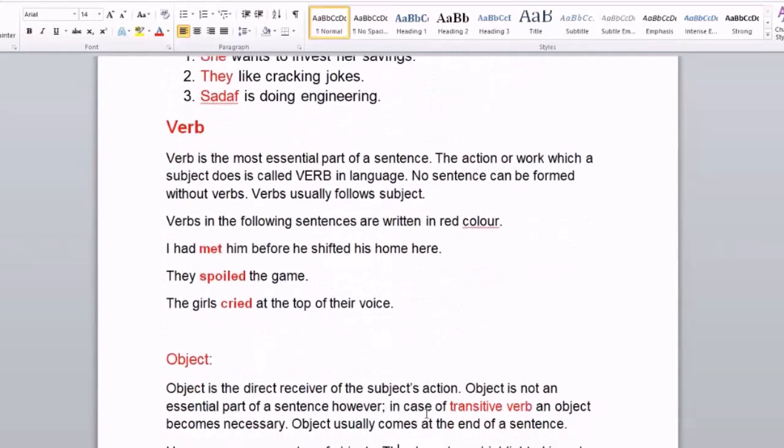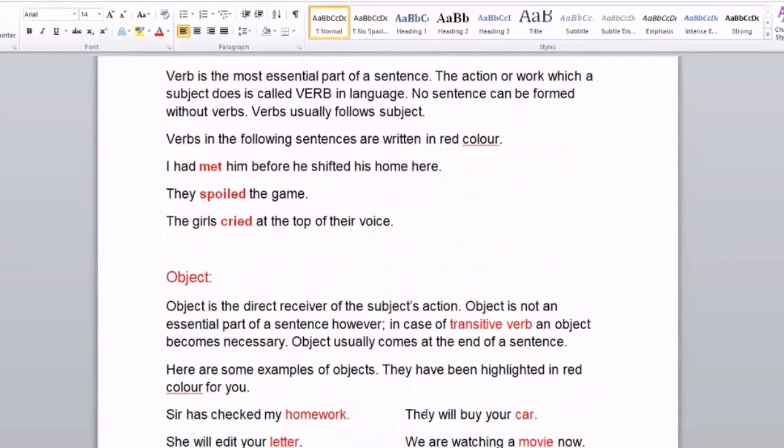Okay. Now we will study object. Object is the direct receiver of the subject's action. Object is not an essential part of a sentence. However, in case of transitive verb, an object becomes necessary. We are not going to study transitive verb, so you do not need to pay attention to this term.